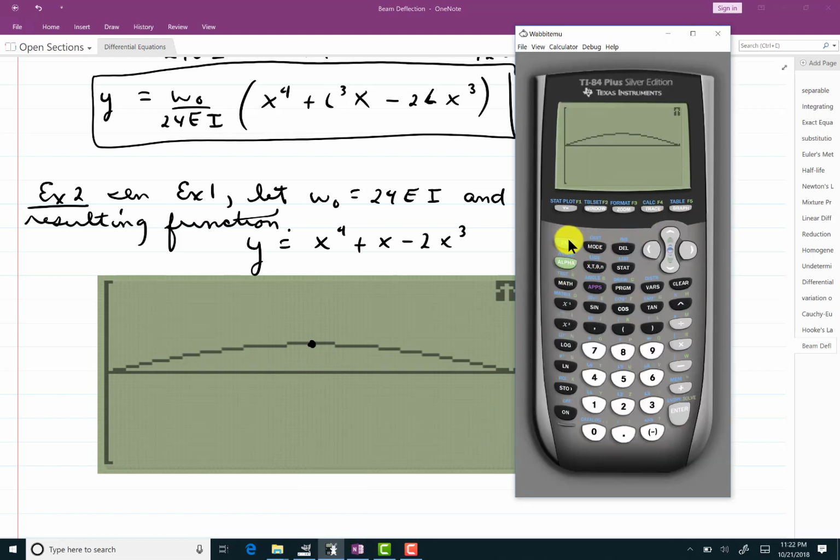Go to second. What you're looking for is this calc menu. I think I hit trace. Second calc, and you'll be looking for maximum, number 4. Either that or just click the number 4. What it will do is it wants you to pick a spot clearly to the left of the highest point, and then a spot clearly to the right of the highest point.